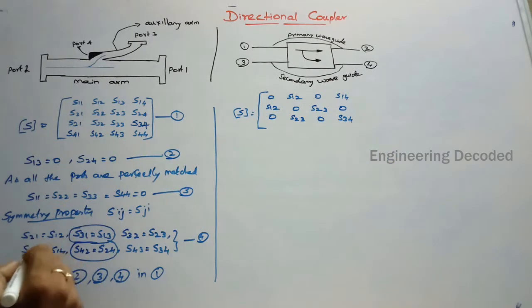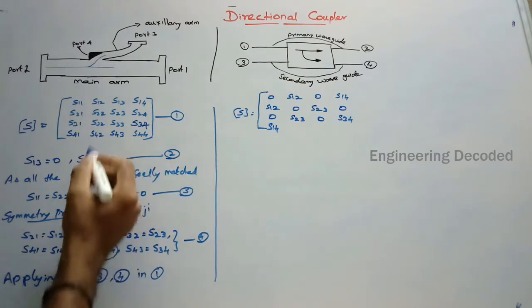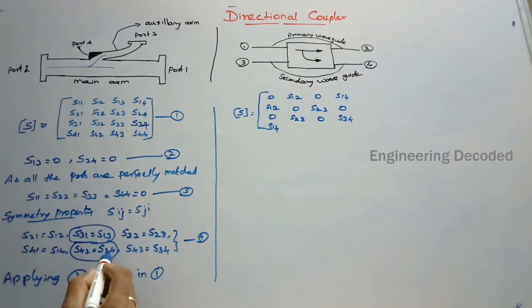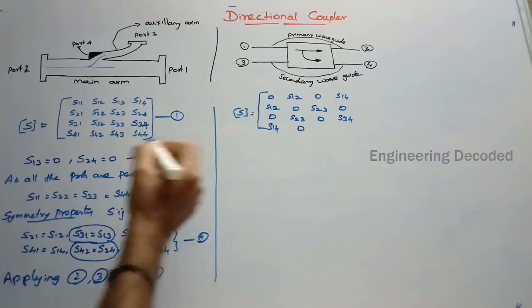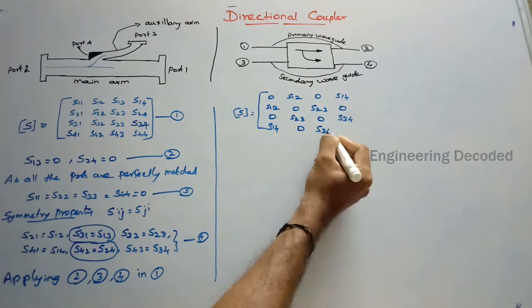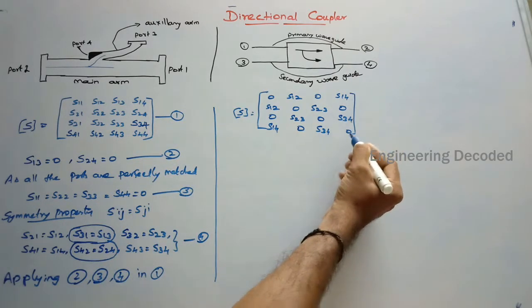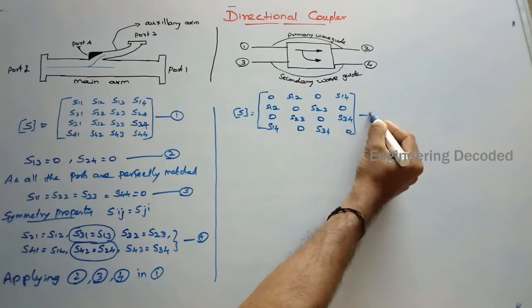Then S41 is nothing but S14. Then S42 is nothing but S24 which is 0. Then S43 is nothing but S34. S44 is equal to 0. So we have got this equation number 5.